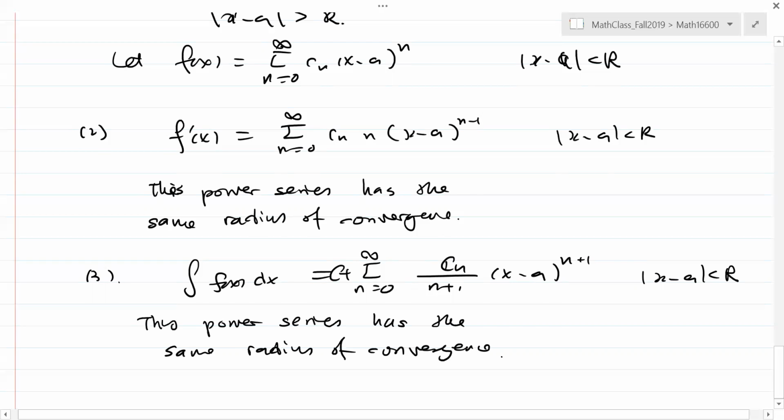So if you use a power series to define a function, just like a polynomial, you can freely find the derivative. You cannot express it by an elementary function in many cases, but it's so convenient to find the derivative and evaluate the integral. All you have to do is do it on each individual term. You're not going to change the radius of convergence. That's interesting.